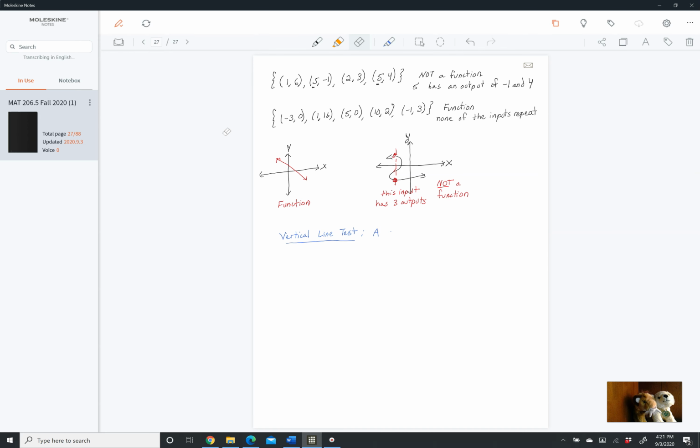So this is saying a graph is a function if we can draw a vertical line anywhere on the graph.